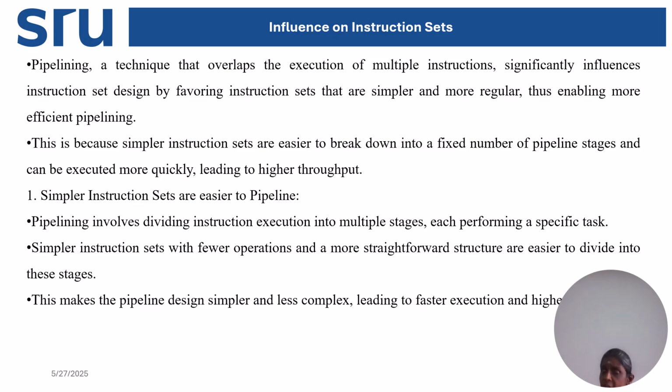Why are we dividing into subtasks? In one clock cycle, we know that one operation will be completed. But if it is done as a whole for all subtasks, we need so many clock cycles.